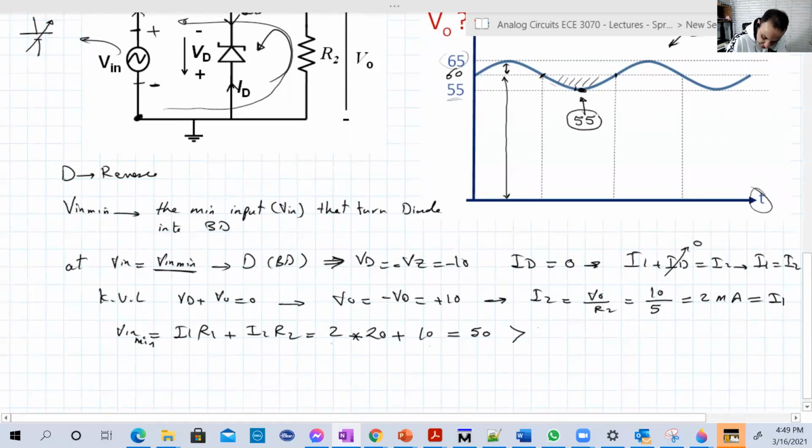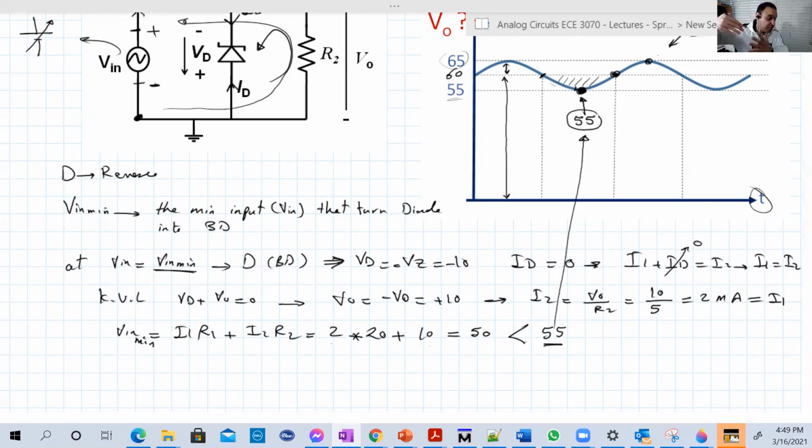So the diode will be on at that point when Vin is equal to 55. It will be on when Vin is equal to 60. It will be on when Vin is equal to 65, and so on. So the diode will be in reverse breakdown all the time.